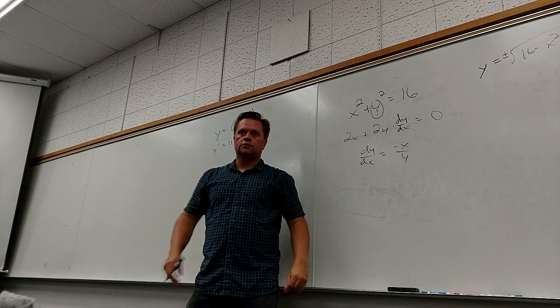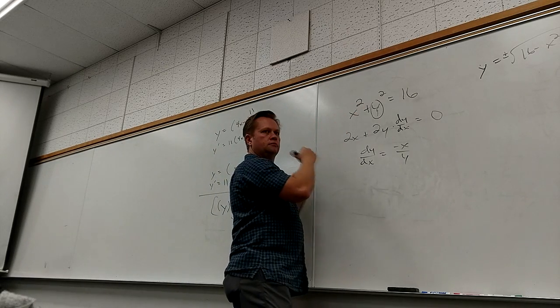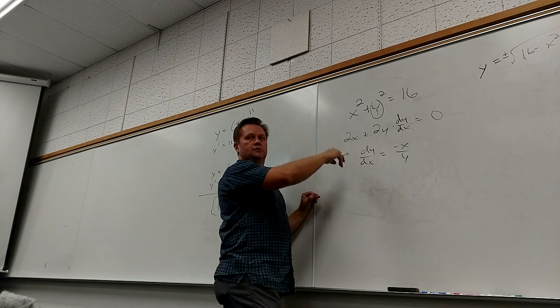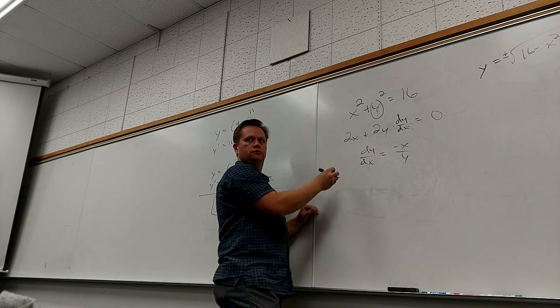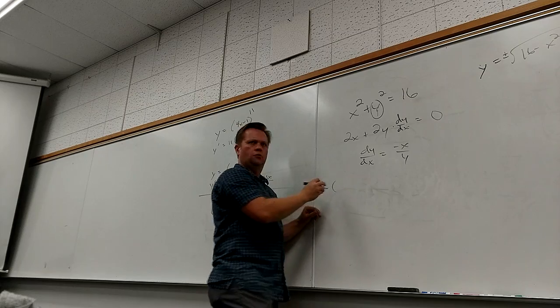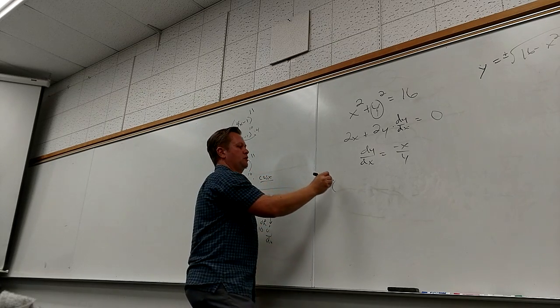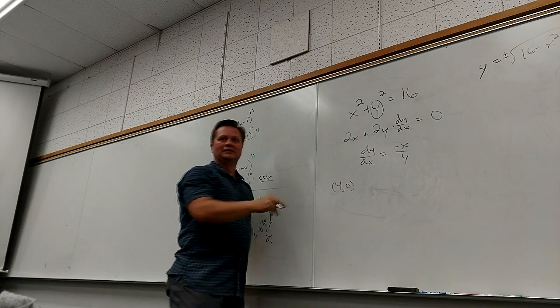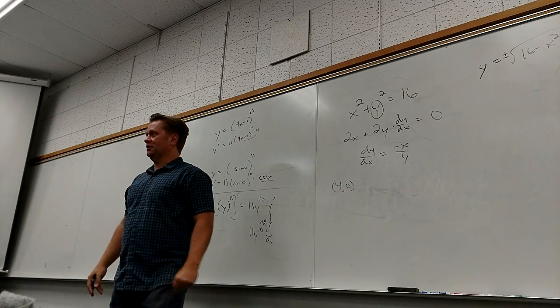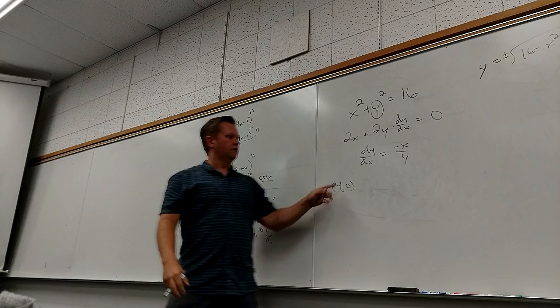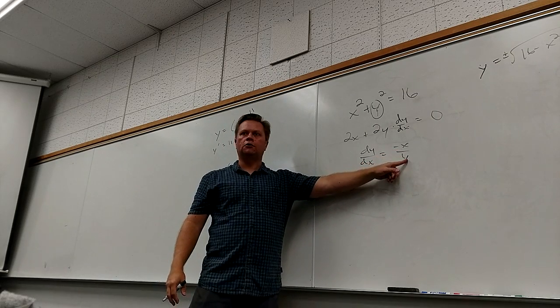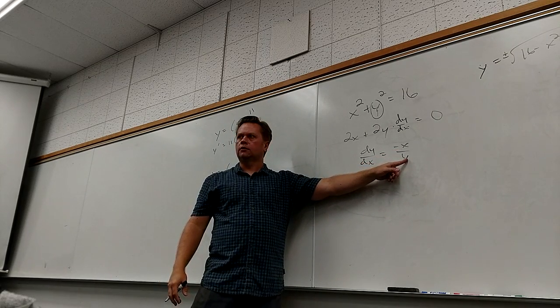Give me a point on this circle. So what about 4, 0? There's an easy one, right? So if I plug in 4 and 0, what's true about the slope there?